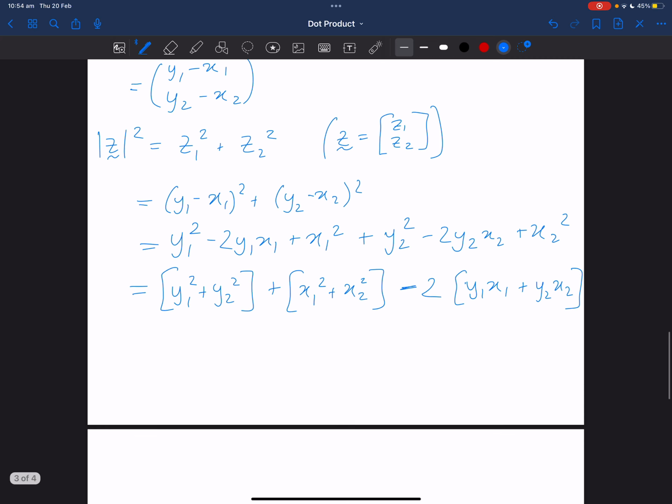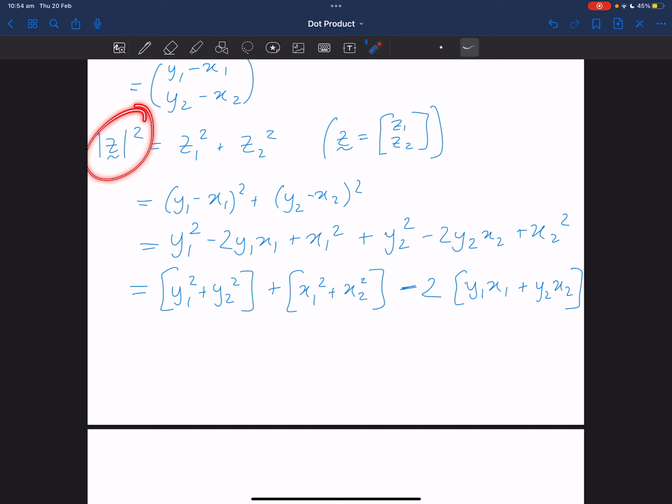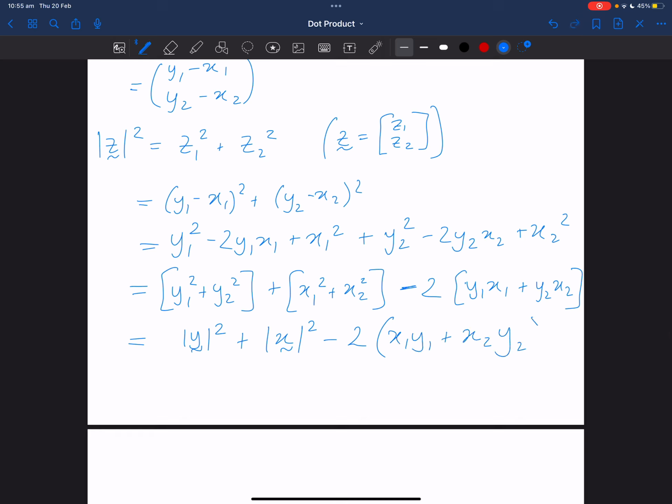Cool. Now, this is just the expanded form of the modulus of vector y, right? The modulus of vector y squared is just y1 squared plus y2 squared. And so we can write this as just the modulus of vector y squared plus the modulus of x squared. And now we are just left with this, x1 y1 plus x2 y2.